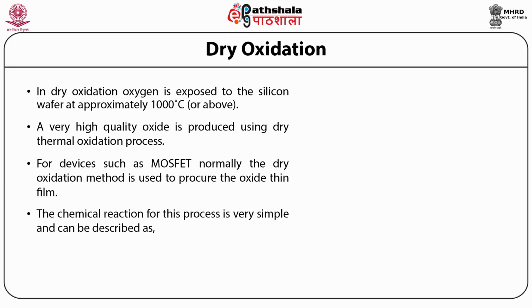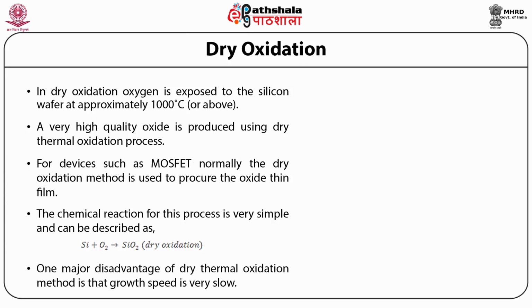The chemical reaction for this process is very simple and can be described as Si solid plus O2 gas gives us SiO2 solid. One major disadvantage of the dry thermal oxidation method is that the growth speed is very slow.